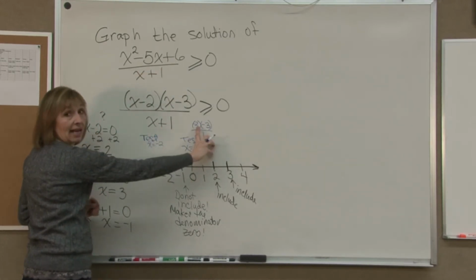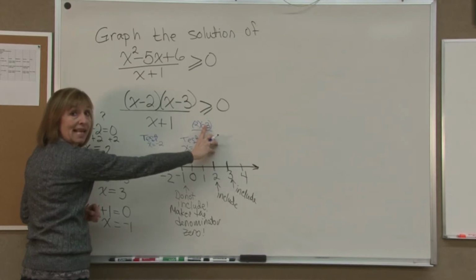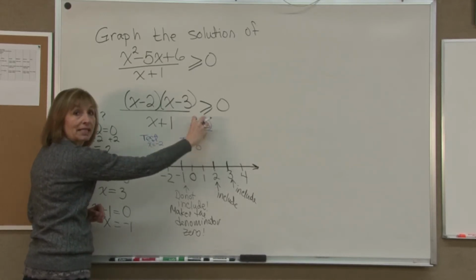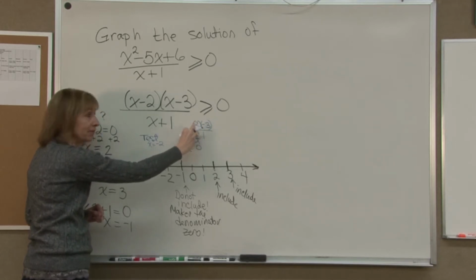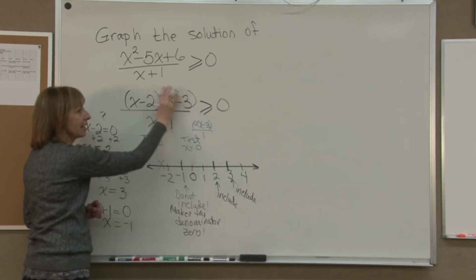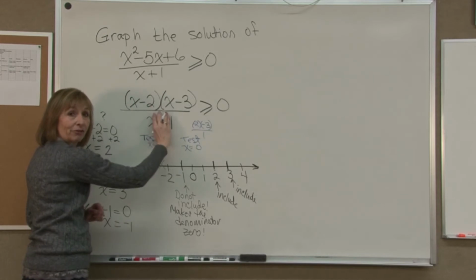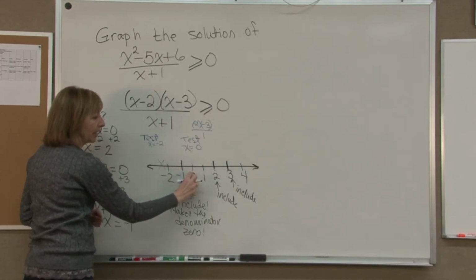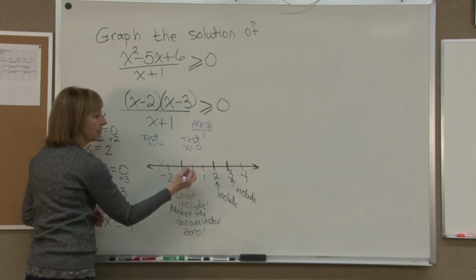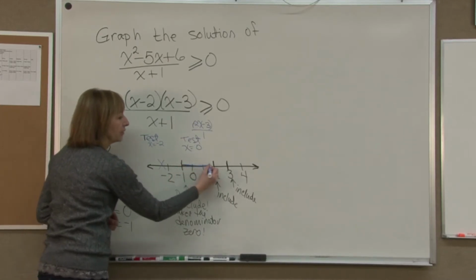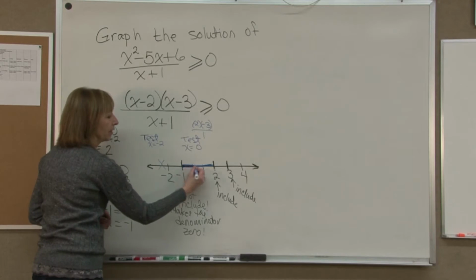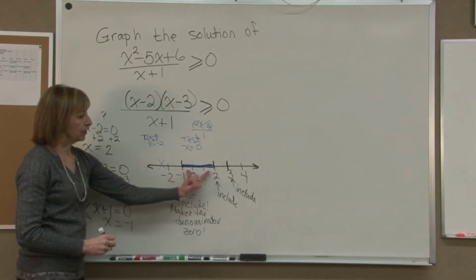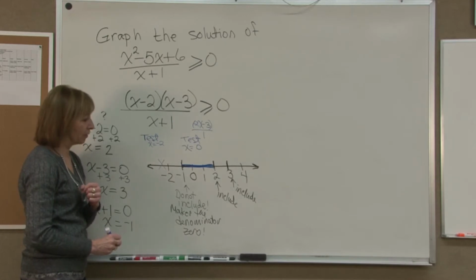So when I carry that out, -2 times -3 is positive 6, and 6 divided by 1 is positive 6, a positive number. So my test gave me a positive value for this, which is what we want for this example, and the test value came from this span, so all the x values in that region will also give me a positive value for that ratio. So we do want to have that set on the number line.